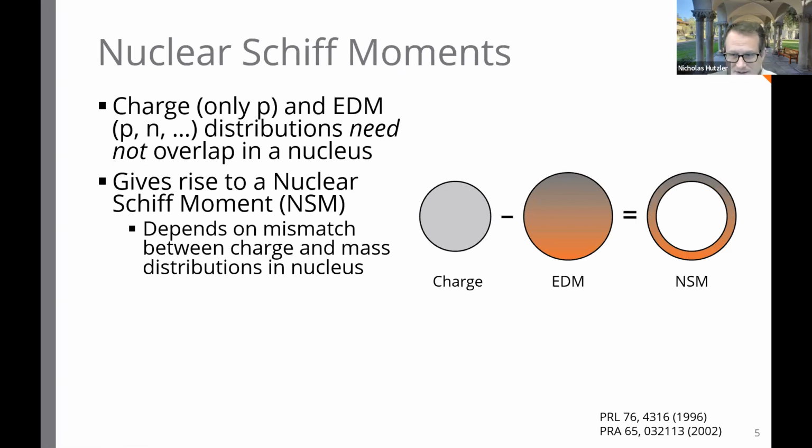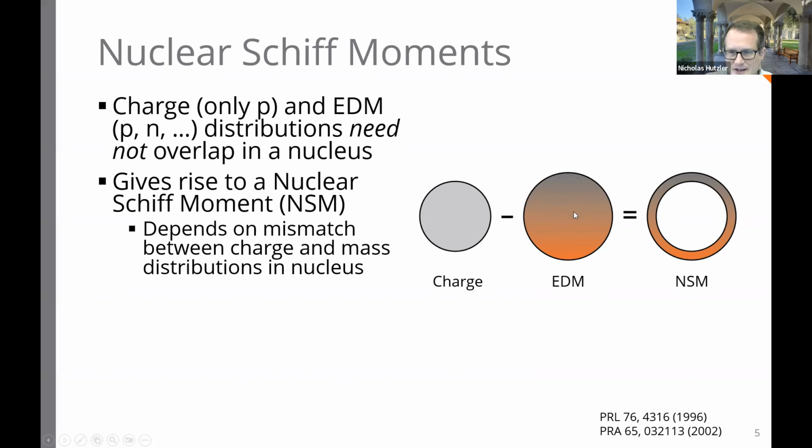So nuclear shift moments arise from the fact that the charge distribution in a nucleus, which comes only from protons, and also the EDM distribution, which can come from protons and neutrons, need not overlap in a nucleus.